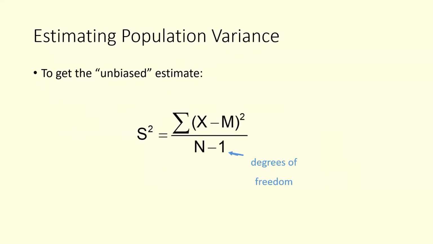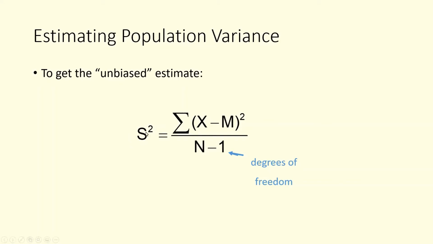Thinking about estimating population variance here, the idea is to get an unbiased estimate. If we just get our sample variance, that gives us an idea of what our population variance might be like, but the problem is that it gives us essentially a biased estimate, and that's not going to be as helpful for us. You can see that we have a different symbol here.